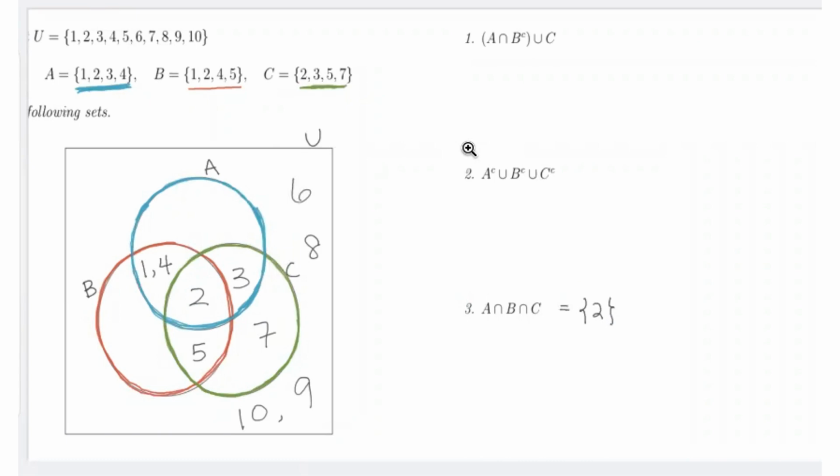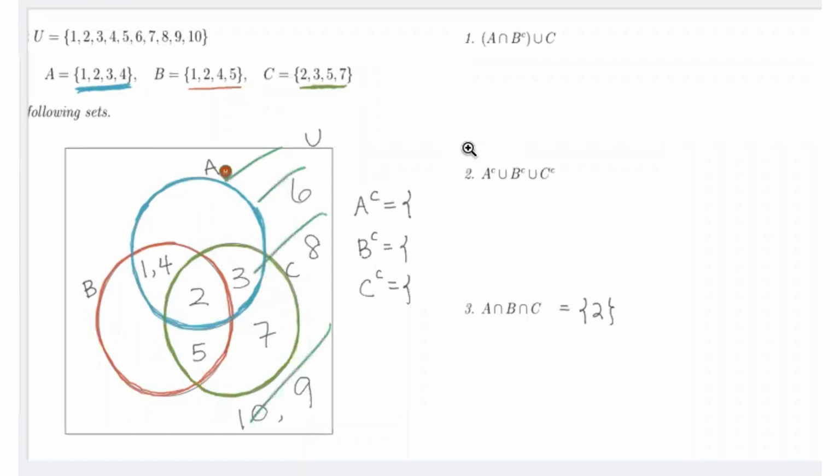Okay, let's do it backward. Number 2: A complement, B complement, C complement, and you take a union of those. A complement means outside of this blue circle.